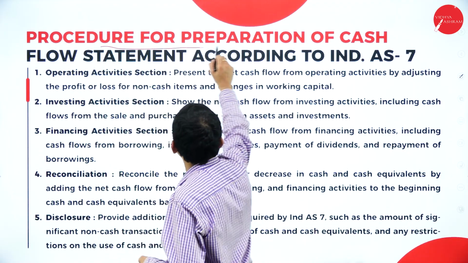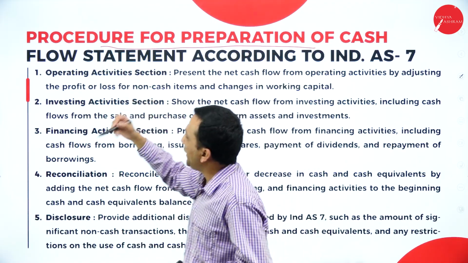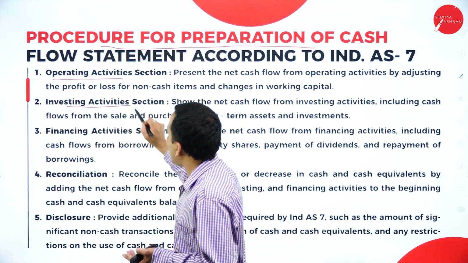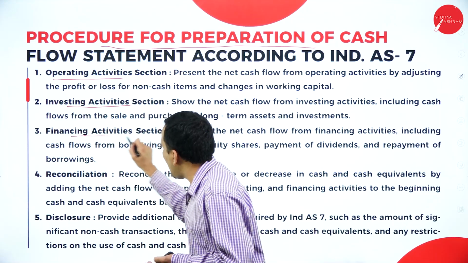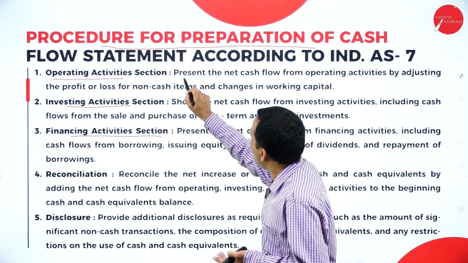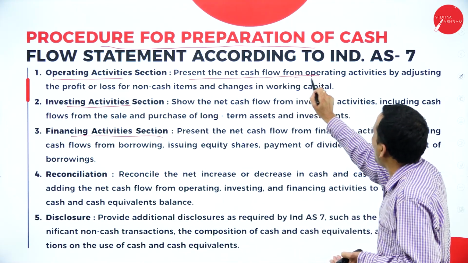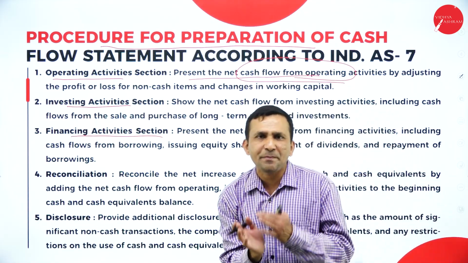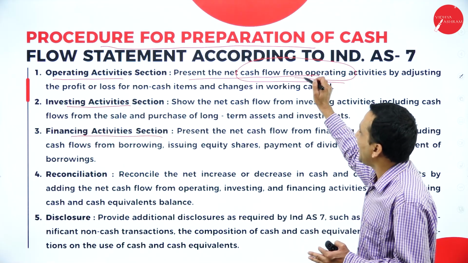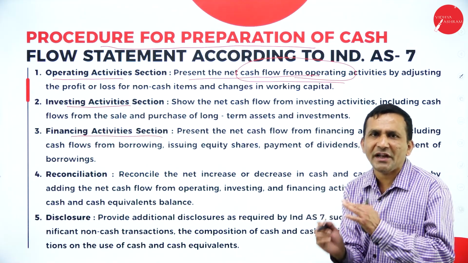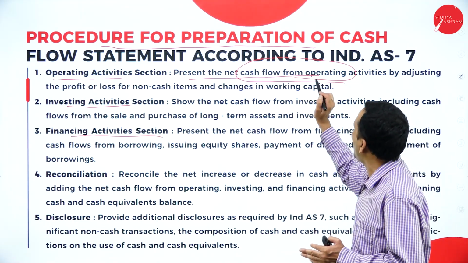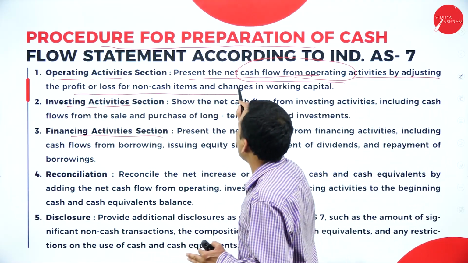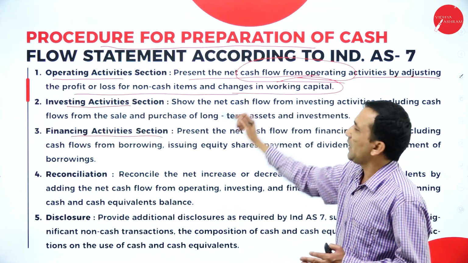So procedures for the preparation, again, we need to identify under operating activity, investment activity section, financial activity section. Okay, so present the net cash flow. This is very important. After receipt minus payment, either you're getting a positive or negative, which is very important. By adjusting the profit and loss of non-cash items, change in the working capital.